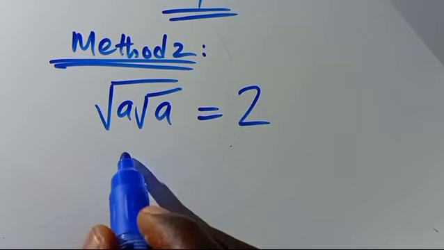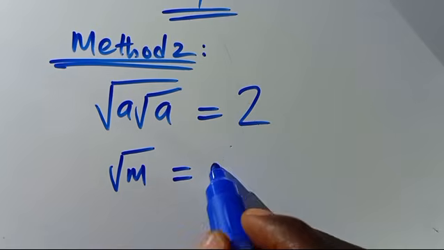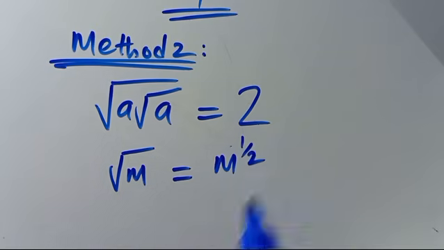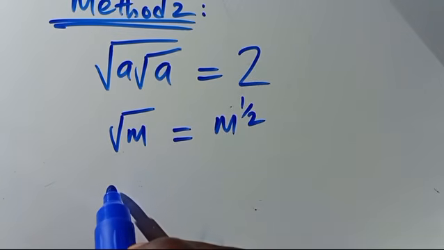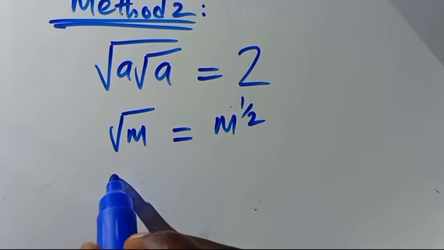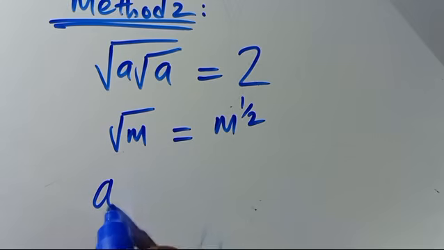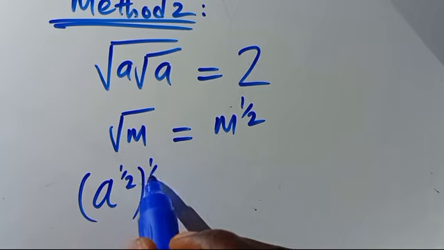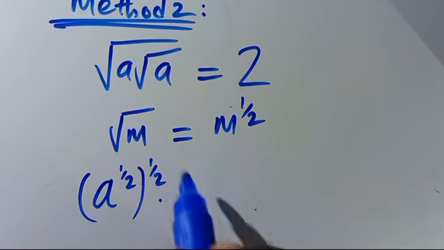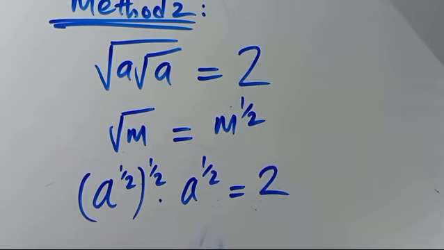Now, when we have root n equals n to the power of 1 over 2, definitely from here we can write these two roots as a to the power of 1 over 2, again to the power of 1 over 2, times this a to the power of 1 over 2, equals 2.